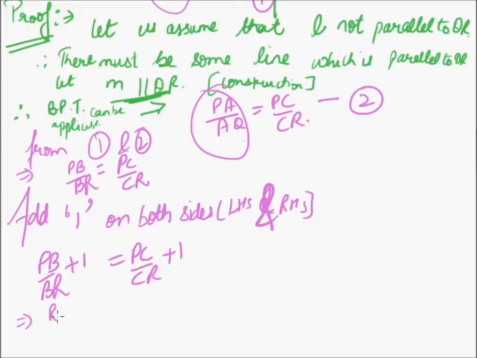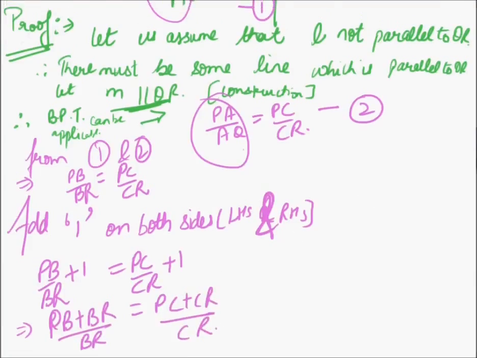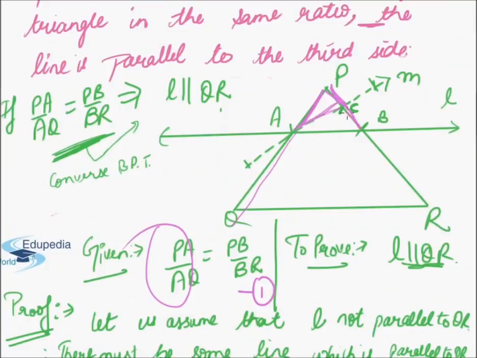On taking LCM, we will have PB plus BR over BR equals PC plus CR over CR. Now PB plus BR is PR. Similarly, PC plus CR is again PR.